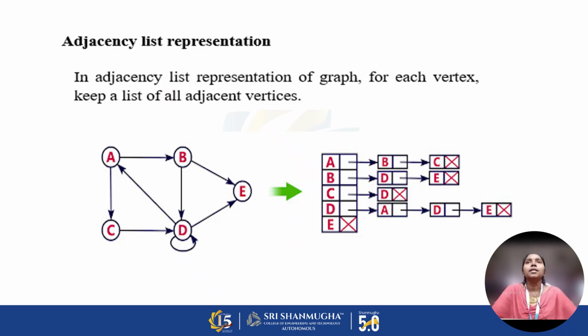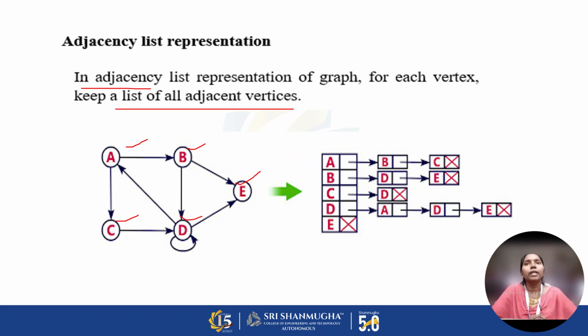And this is the adjacency list representation. In adjacency list representation of a graph, each vertex keeps a list of all its adjacent vertices. Here we consider one graph. We have node A, node B, node C, node D, and node E, so five nodes.